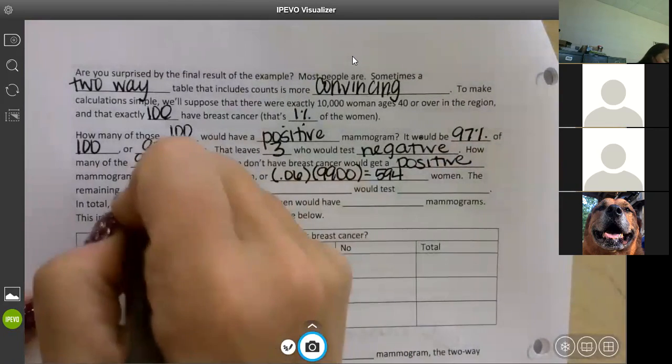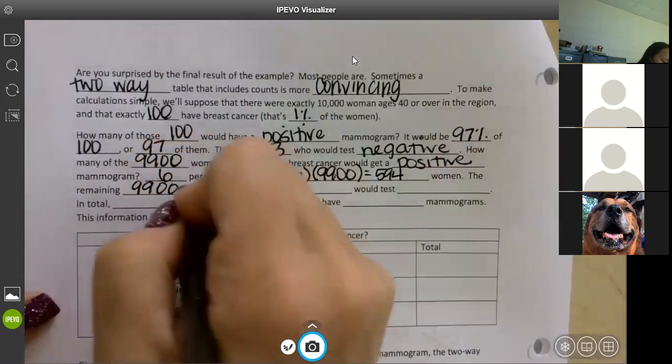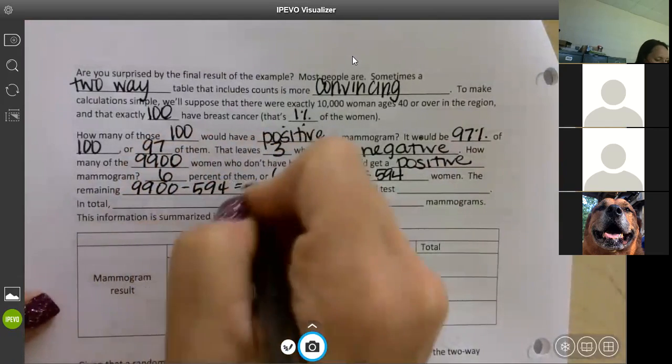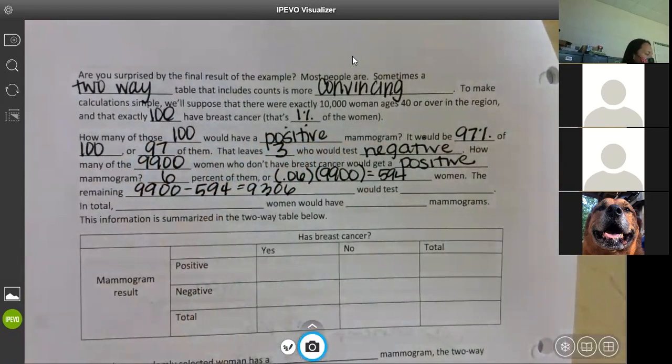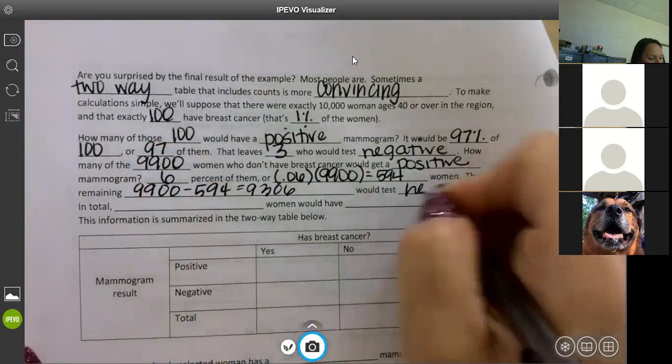The remaining, how do we get the remaining? We subtract them. 9,306 would test negative.